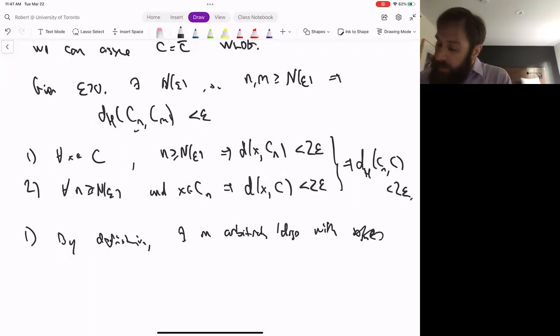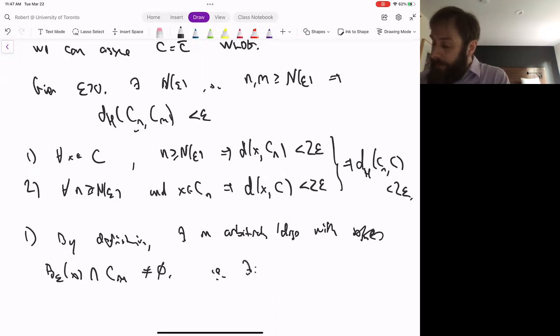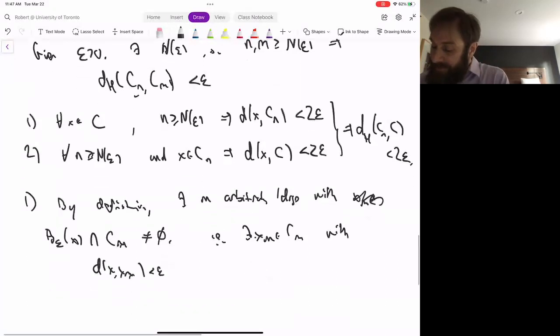So I know that this ball of radius epsilon around x intersects C_m. So I know that there is some x_m in C_m with d(x, x_m) less than epsilon.